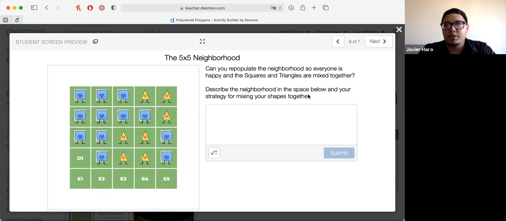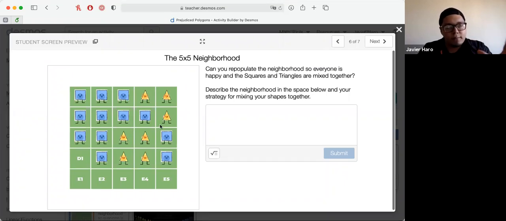Ooh, that's a very good question. So what Spencer's telling us is, is there a way that we can make as many squares neighbors with triangles and triangles with squares? We're trying to get as many of them to be neighbors with each other.